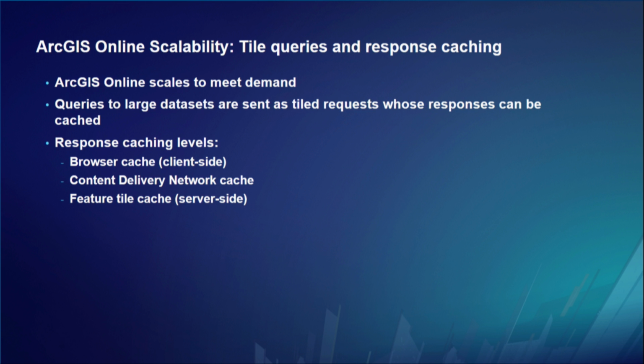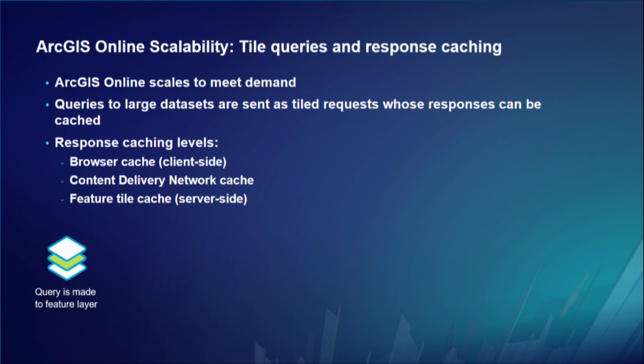The browser cache, which is on your end user's computer: whoever that end user is, they are opening it on their phone or their laptop, and their browser caches that data being queried. Then we also make use of a content delivery network. And then we use what we call the feature tile cache on the ArcGIS Online servers.